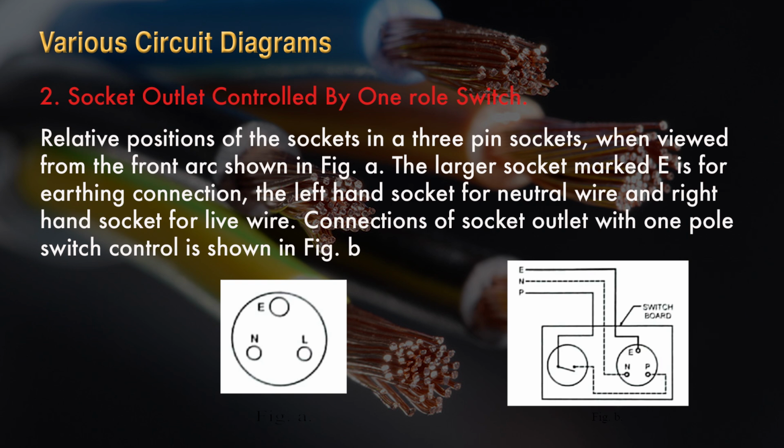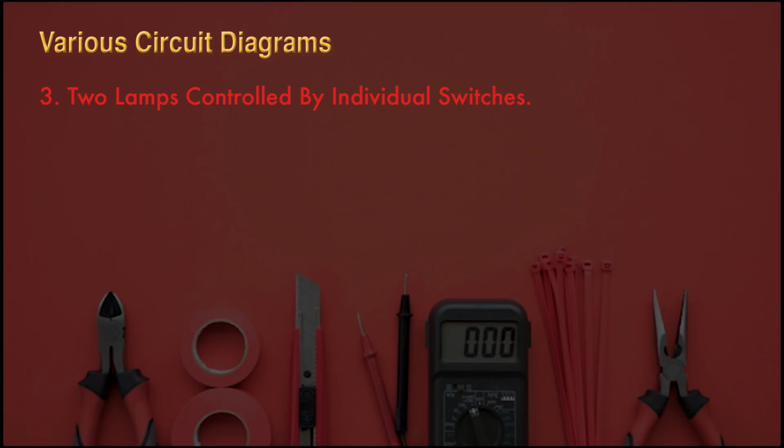So as supply, or you can say line, is coming through the phase and this supply is going through the switch, as you switch on and switch off, you can control the power supply in that particular socket.